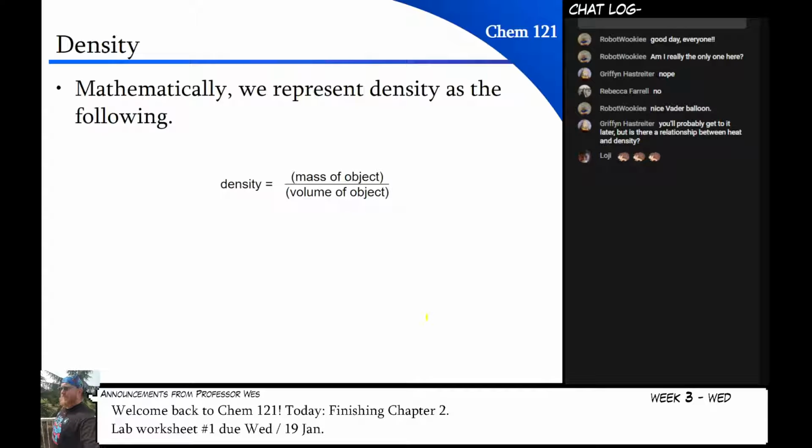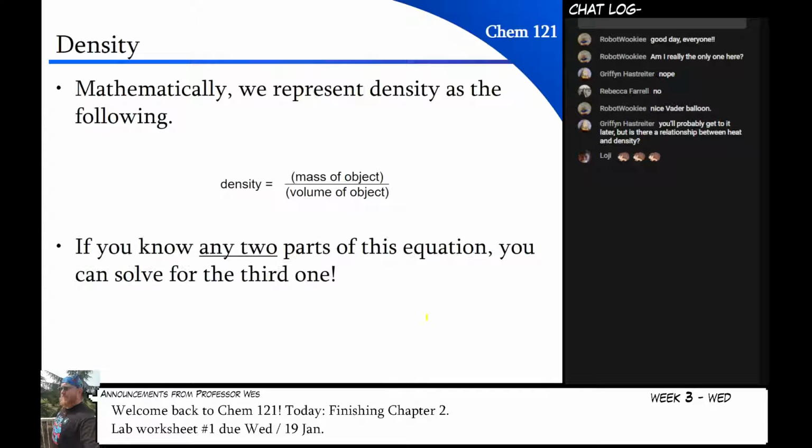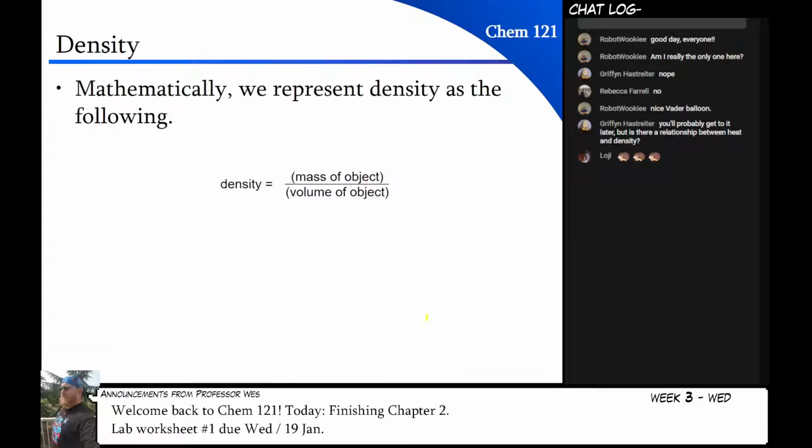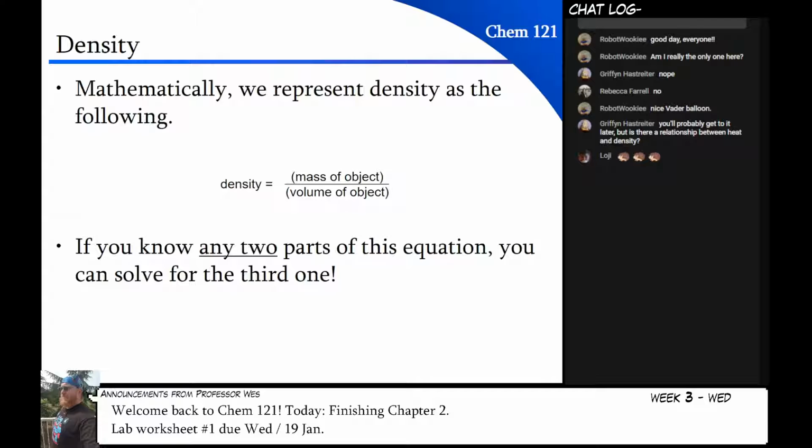There's our equation right there. We can represent density in this way: mass divided by volume. Now, the units are going to depend on what phase you are involving in the equation.